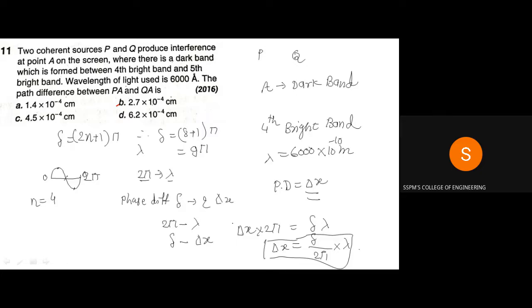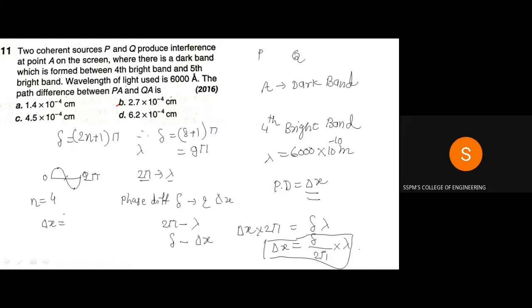Okay. And substitute this value of delta in this equation. So we can obtain delta x equals delta; at this location it was a dark ring, so we took 2n plus 1.